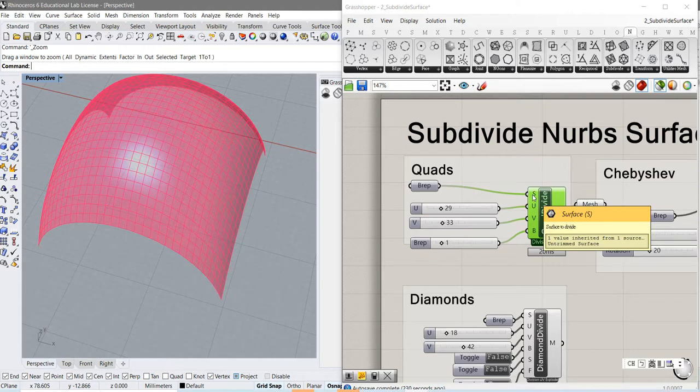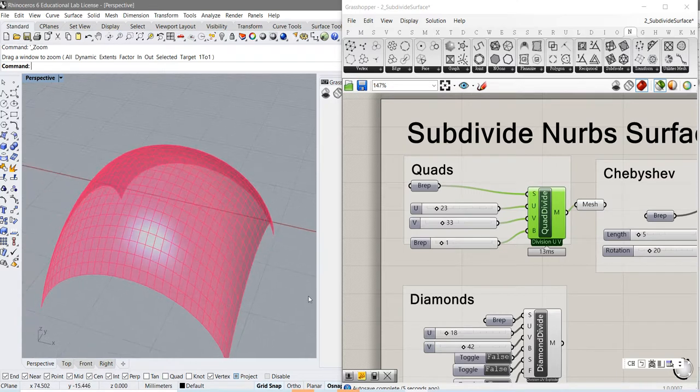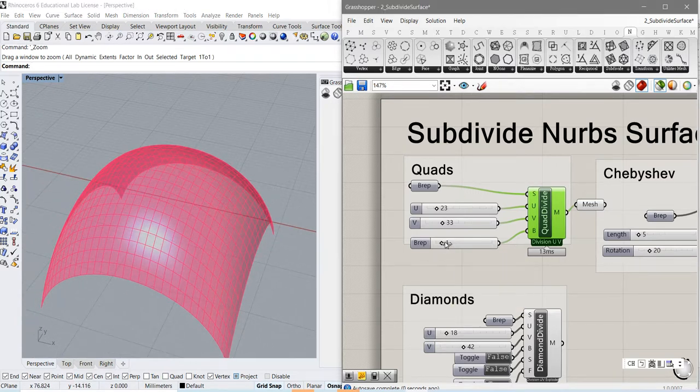So this is very important because in some cases we do have party surfaces and we want to divide them with this kind of rectangular grid. And we can modify the number of divisions. Somehow if you change this parameter, the shape is slightly changed, but I can't really figure out what it means.